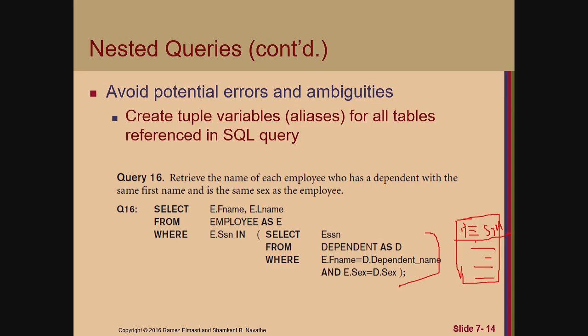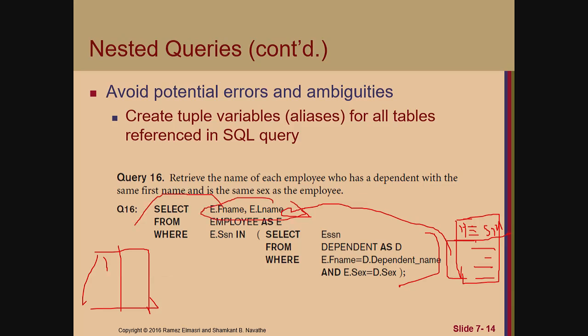And then we use this list of SSN to query the first name and the last name of them from the employee table and show as the final result. So the final result will have two columns, right? First name and the last name. Here we will show in the final table.